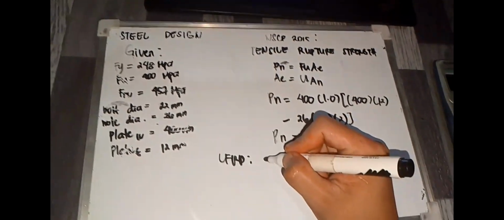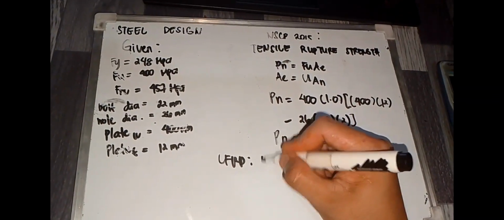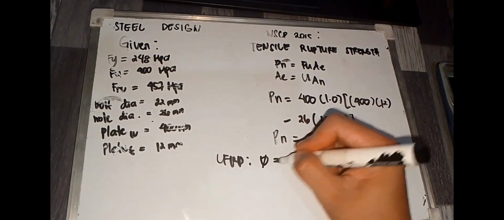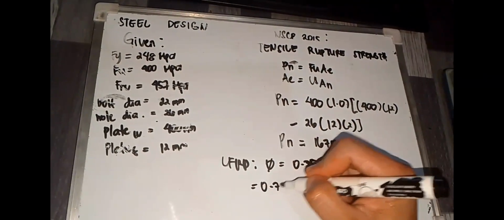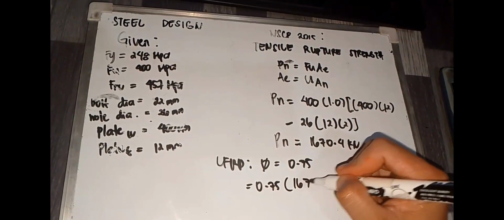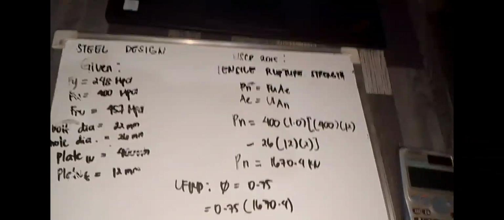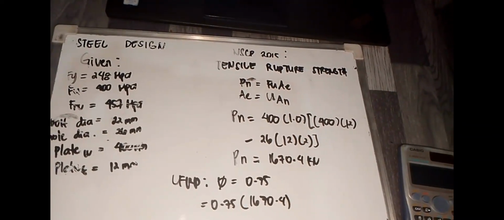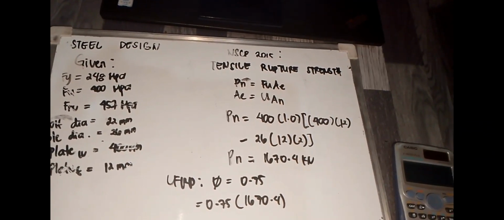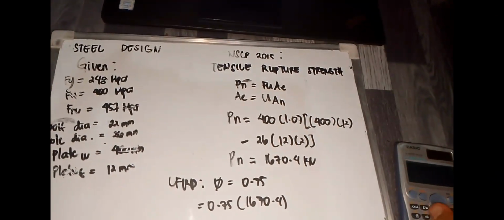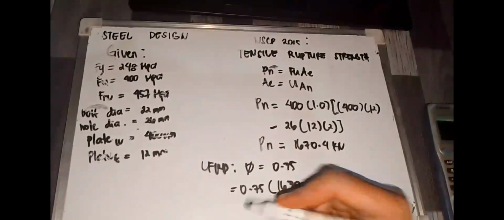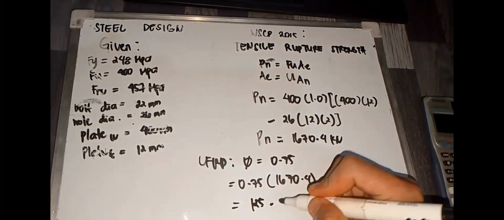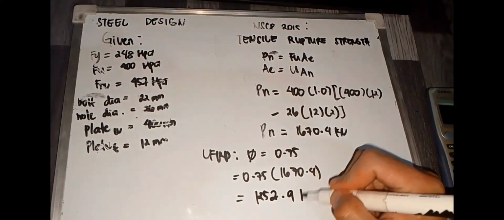So in LRFD, for tensile rupture strength, the phi is 0.75. So 0.75 multiplied by 1670.4, the answer is 1252.9 kilo Newton.